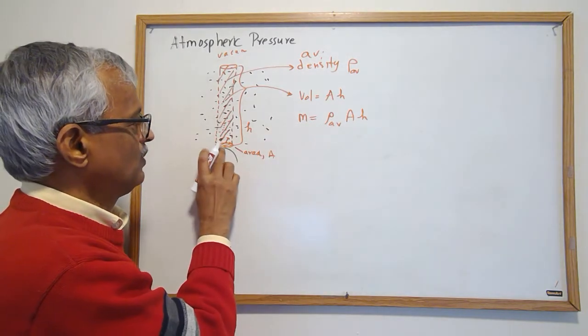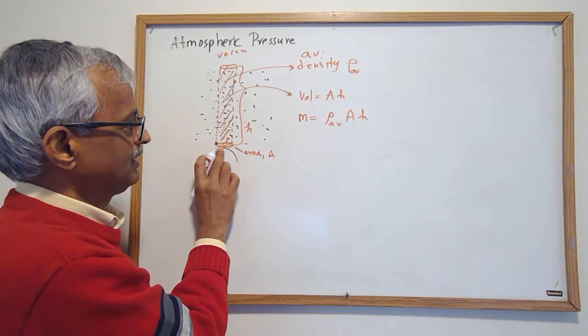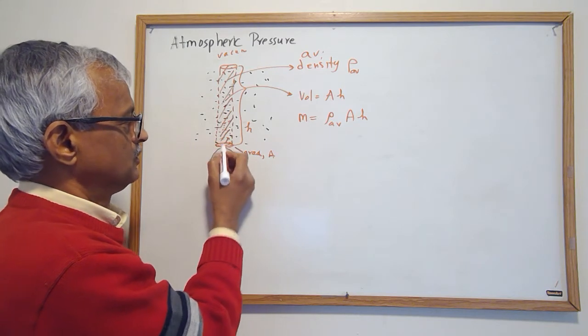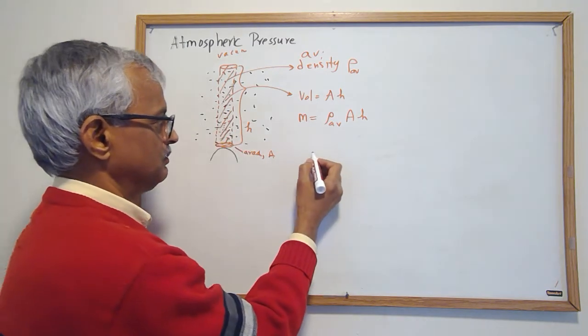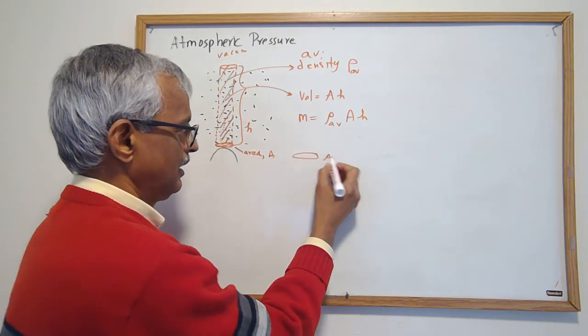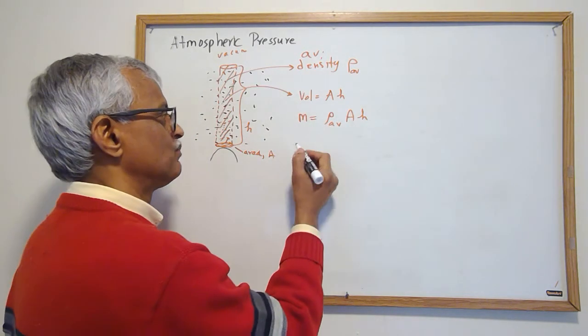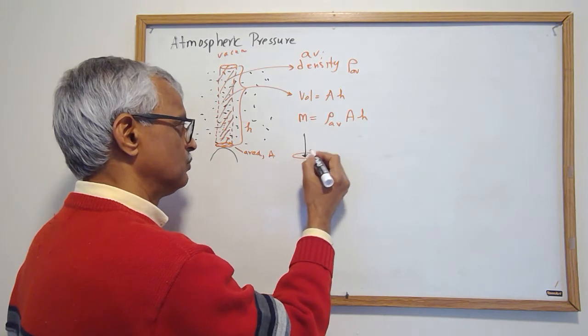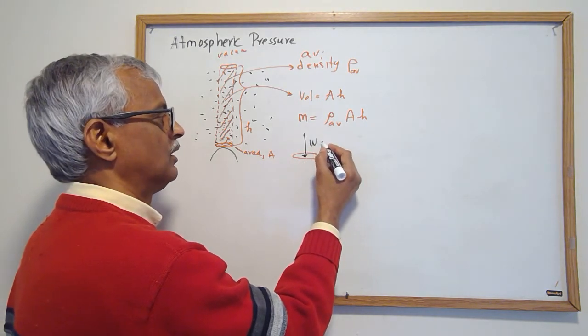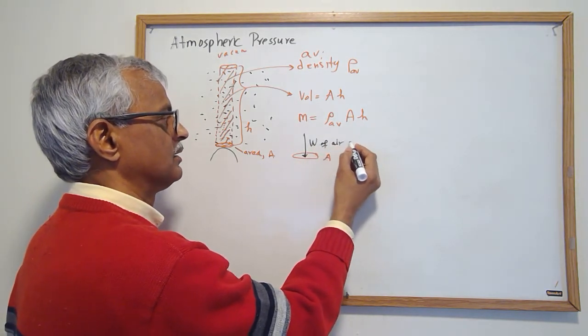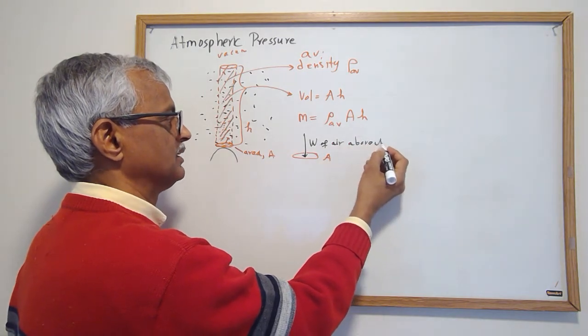And we say the weight of all of this is acting on that area. So if I look at this area A, what's pushing on it? What's pushing on it is the weight of air above it.